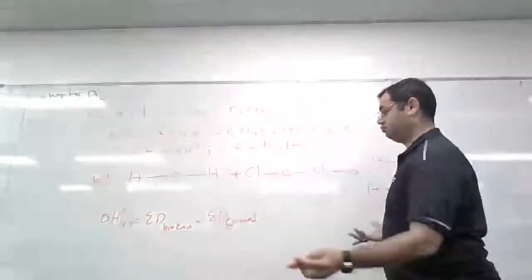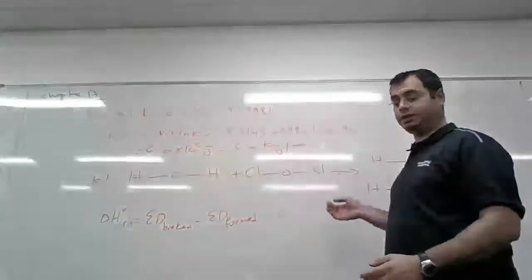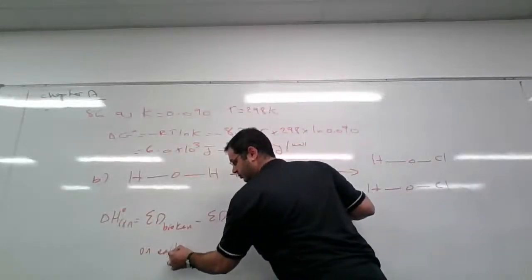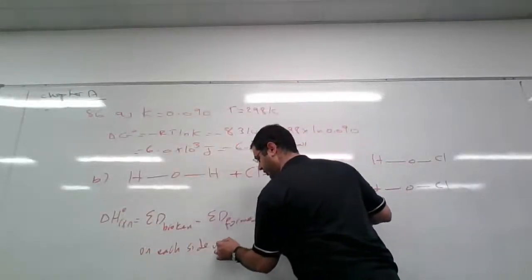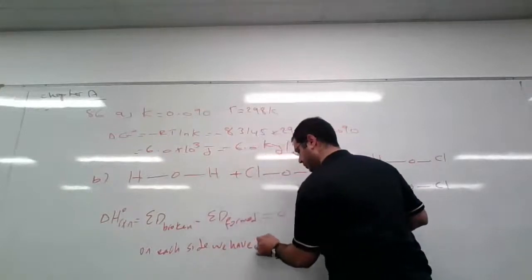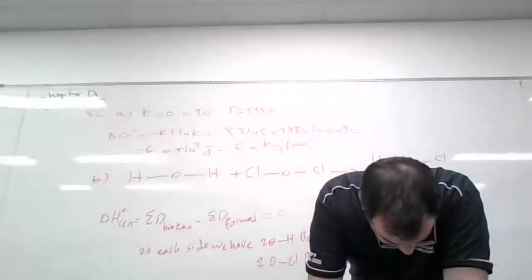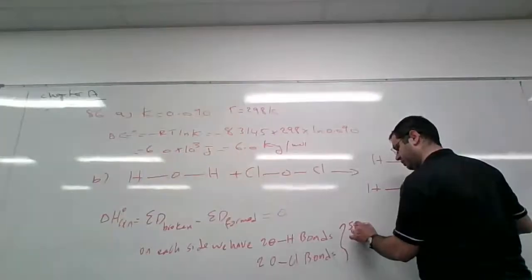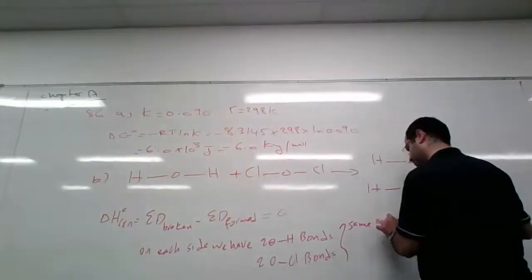So how do you justify this? It's exactly what I said. On each side we shall have two. So you have the same number.